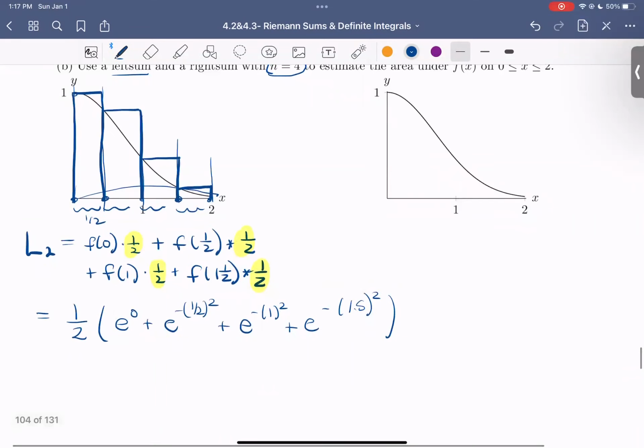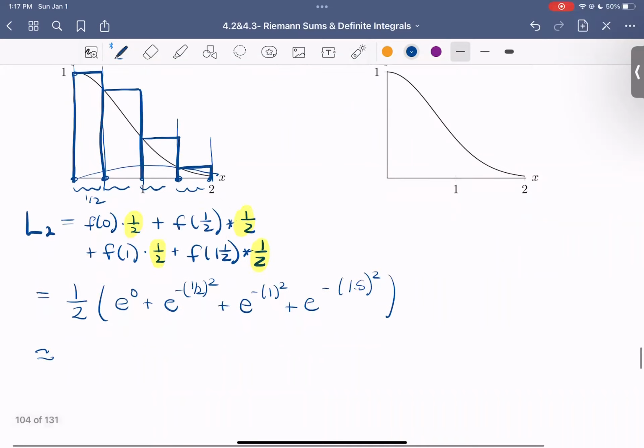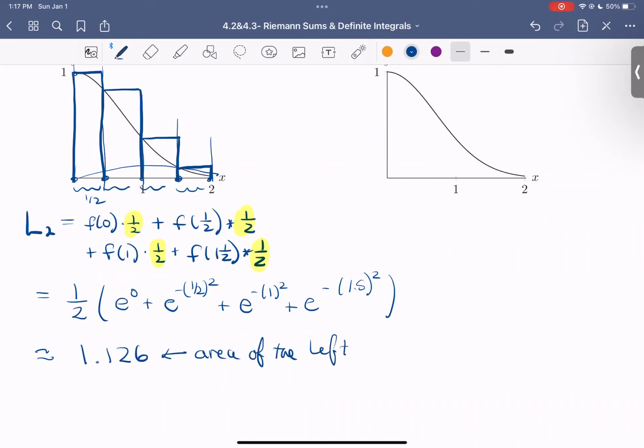All right, so now let's go over to our calculator to compute this value as a decimal. And we get, feel free to pause so you can check yourself first. We should be getting something near 1.126 is the area of the left-hand rectangles.